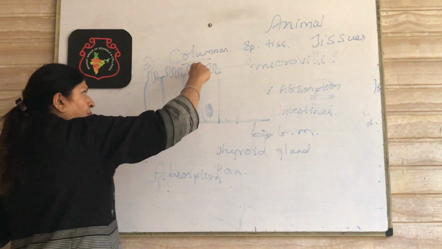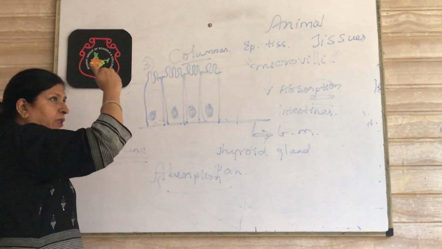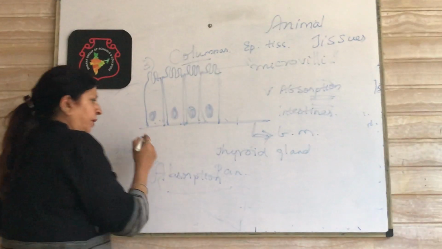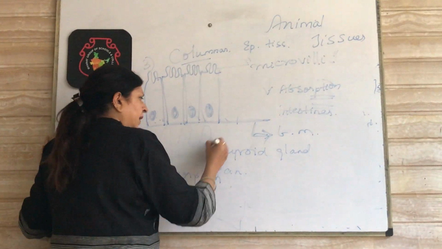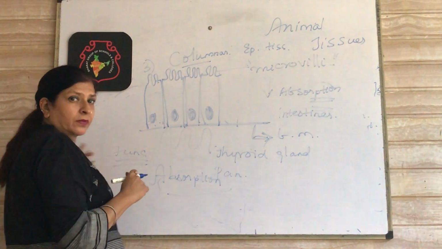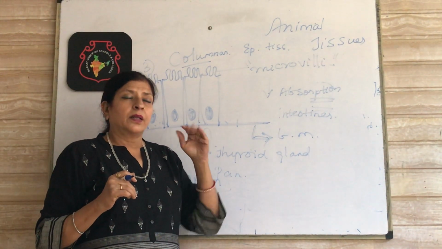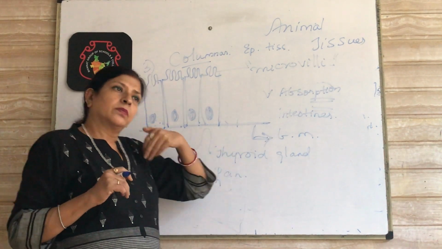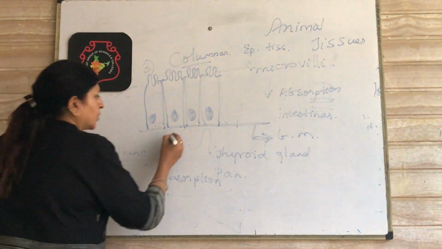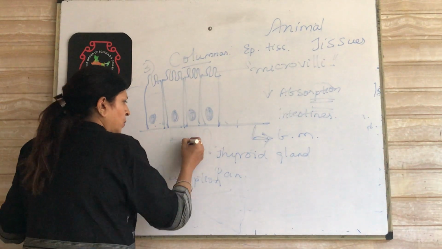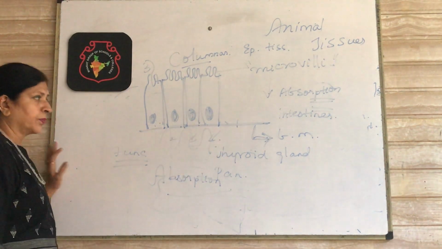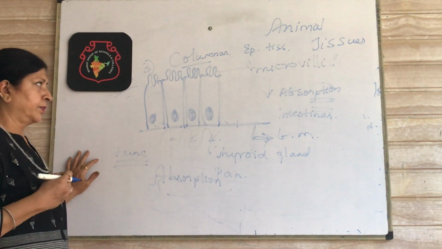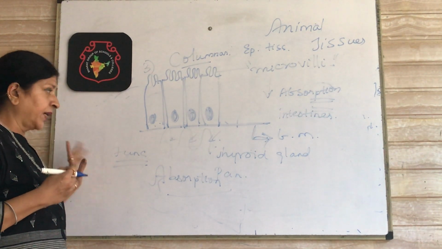Because of this microvilli, students, just use your logical reasoning, the surface area of the tissue is more, so the absorption rate is also more. More nutrients are absorbed.